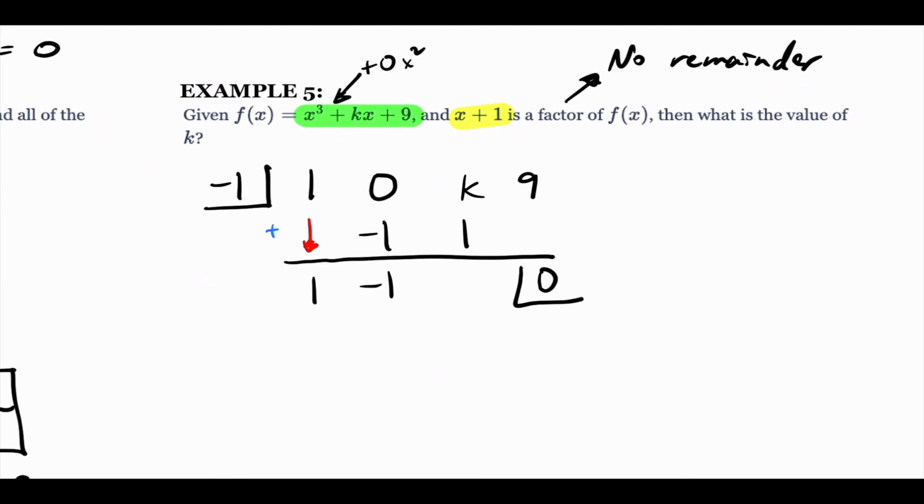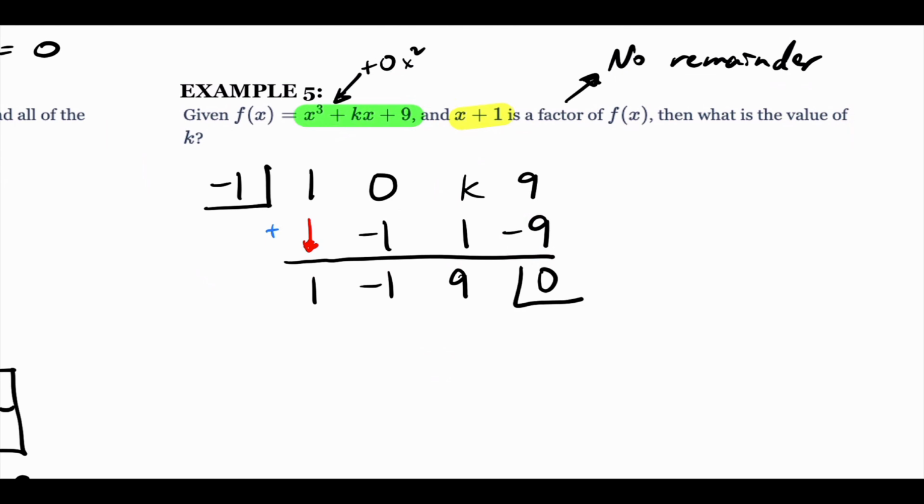So let's go backwards. Let's kind of backwards map it. To get a 0 there, what needs to go here? -9. So we know this has to be a -9. And if that's a -9, what needed to be here? +9, right?